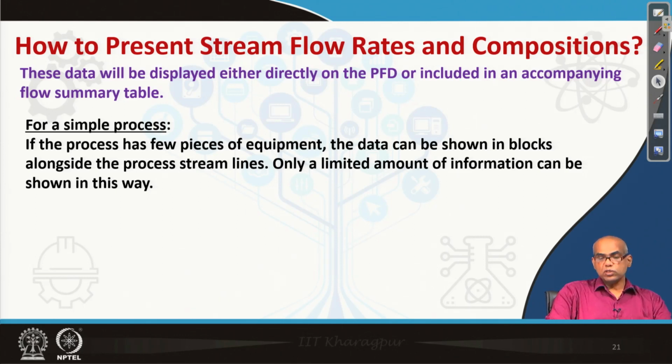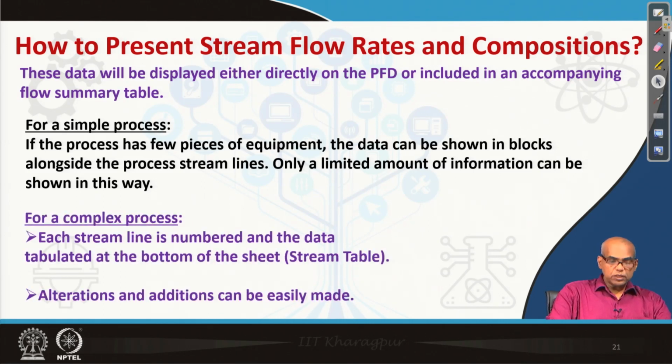You cannot write many, otherwise it will be very difficult to read. For a complex process, each streamline is numbered and the data tabulated at the bottom of a sheet. It is a stream table. The advantage of using a stream table is that alterations and additions can be done very easily.